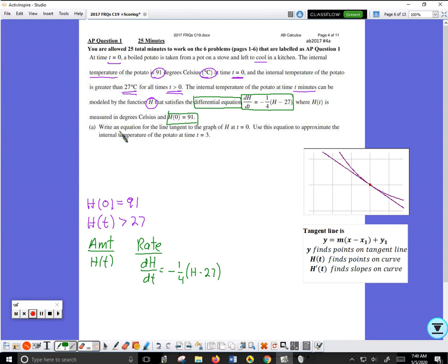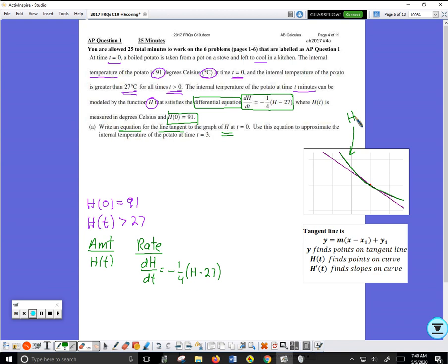Write an equation. Keyword, line tangent. I stop right there, I remember my picture. So, I want an equation to h. So this curve is h. I'll draw the curve downward this time because they did say the temperature of the potato was cooling. So that's h.